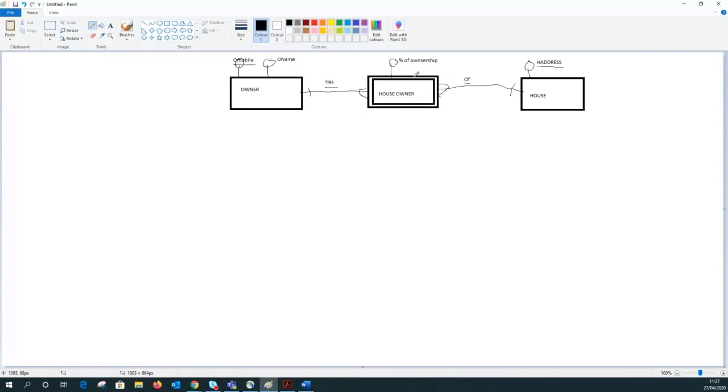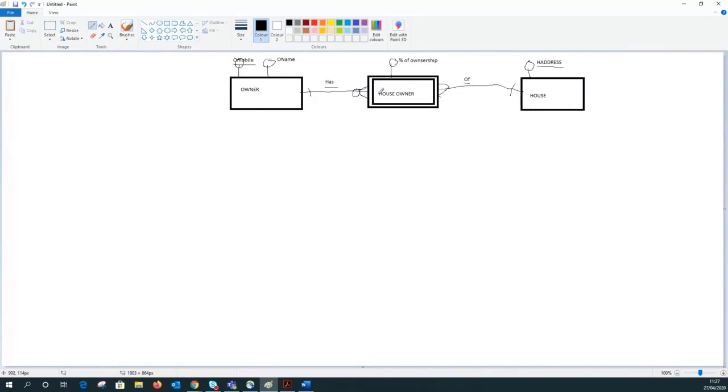And then if I put in the cardinality constraints, one owner may own zero or many houses, right? We can sometimes have owners without any ownership, because they may have sold the houses. So it is not mandatory here, it is optional many.